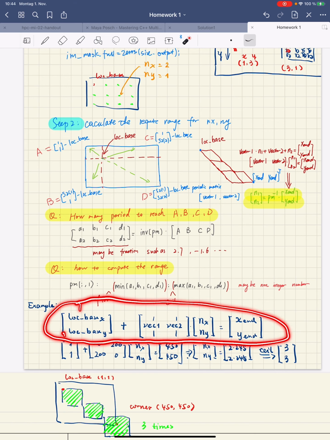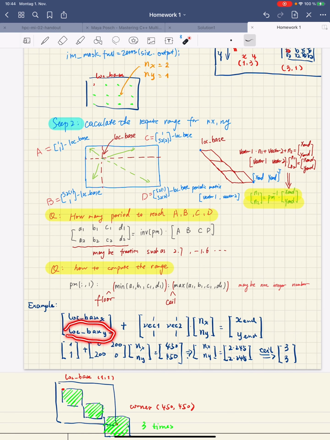For example, we have this base, where the location base coordinates are given to us, and we have the periodic matrix with 2 vectors, vector 1 and vector 2. And these are the numbers I call stretch factors, or whatever. This is just my own name, it's just easier to understand.